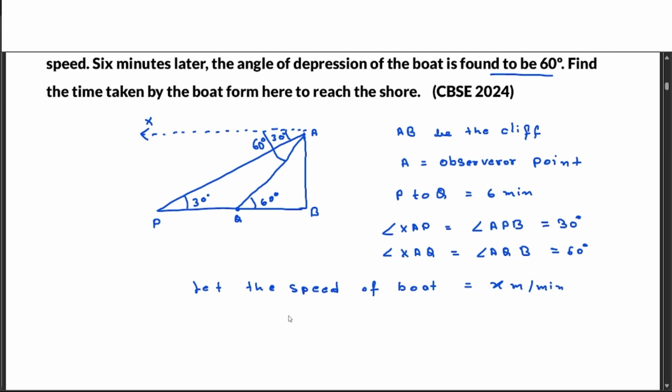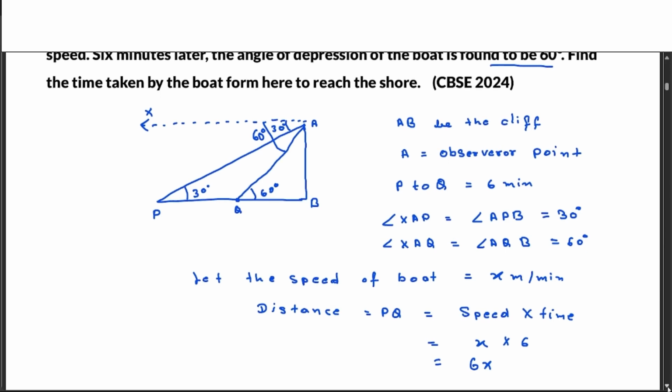Here, the distance traveled is PQ, and how can we find PQ? You know speed times time. The speed given is x, and the time given is 6 minutes, which means your distance will be 6x. Hope you understand this much.